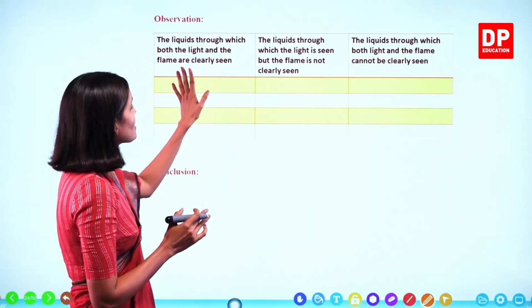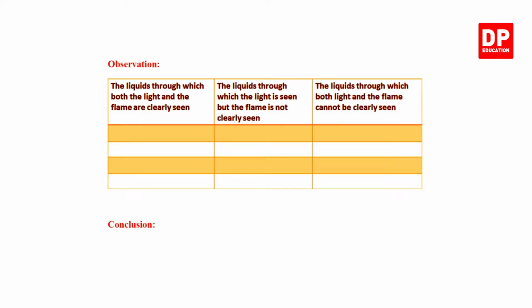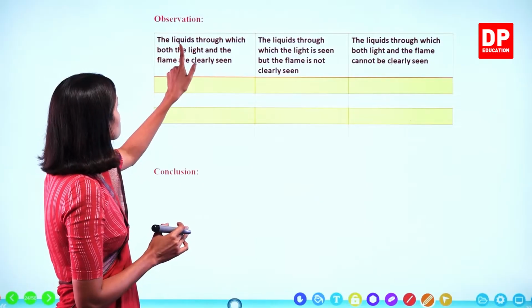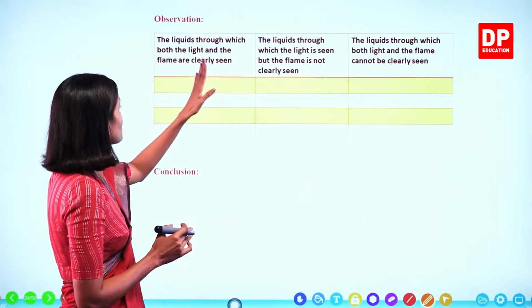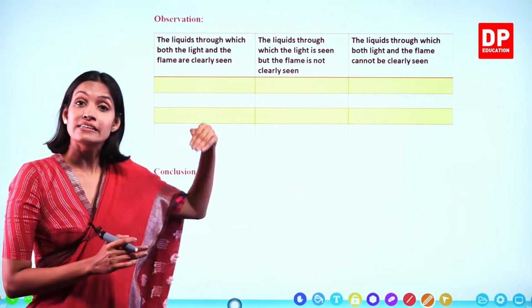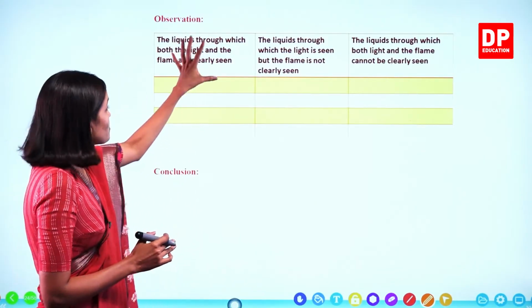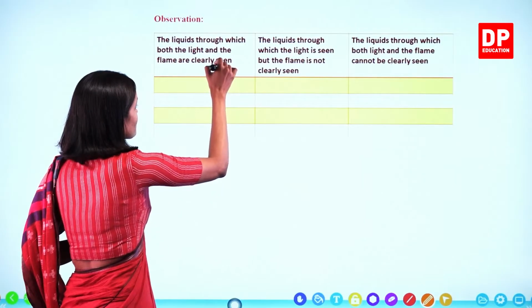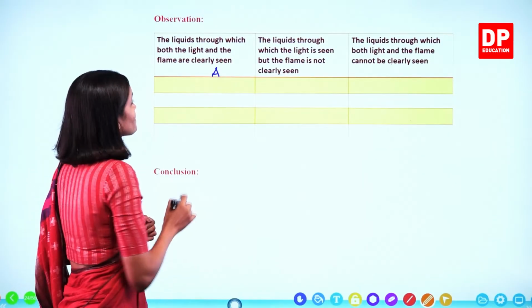So we will categorize the types of liquids we used into this table, right? So the liquids through which both the light and the flame are clearly seen. Now, do you remember in the earlier experiment, we named this group as A. This is A, right?